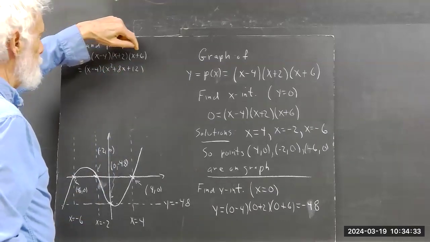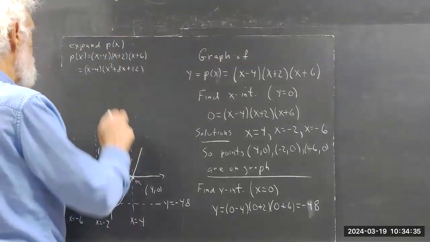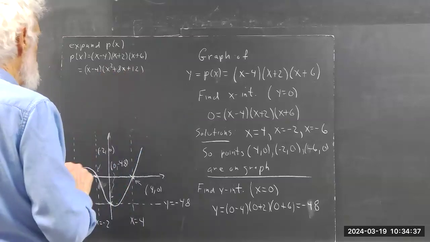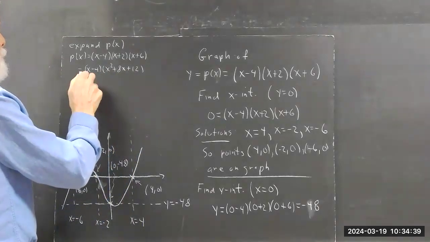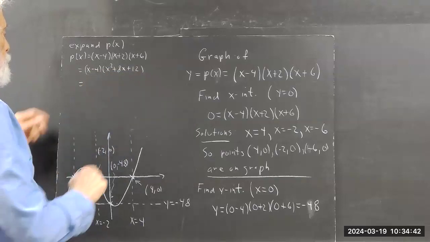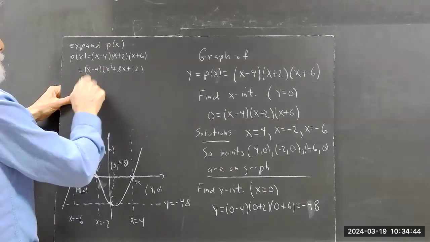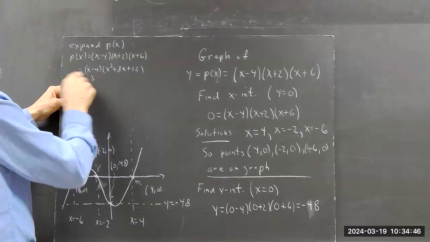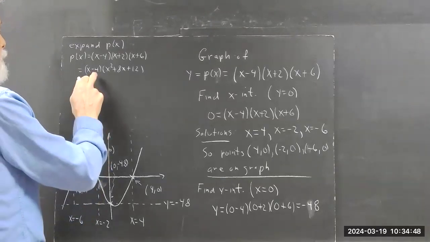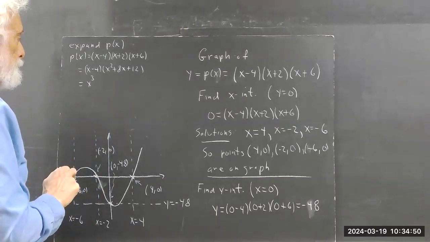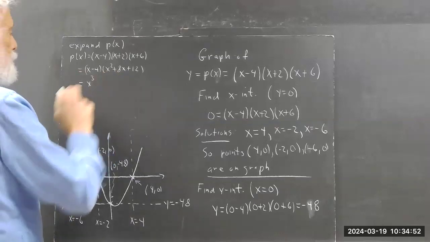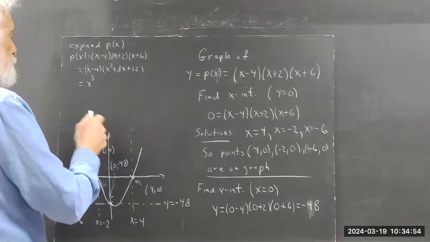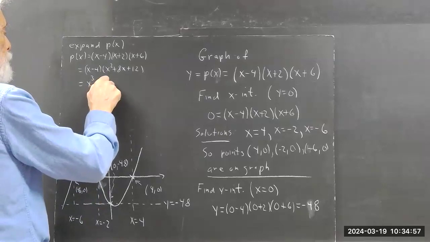If I multiply x plus 2 times x plus 6, I get x squared plus 8x plus 12. If I then multiply that by x minus 4, I'll have x times x squared, which will give me x cubed. I'll have a minus 4x squared, but x times 8x is going to give me a plus 8x squared. So this is going to give me plus 4x squared.